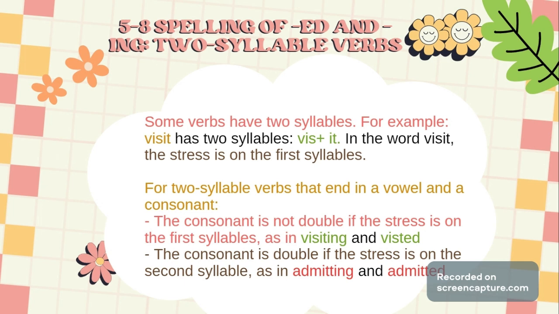In the word visit, the stress is on the first syllable. For two-syllable verbs that end in a vowel and a consonant, the consonant is not doubled if the stress is on the first syllable, as in visiting and visited. The consonant is doubled if the stress is on the second syllable, as in admitting and admitted.